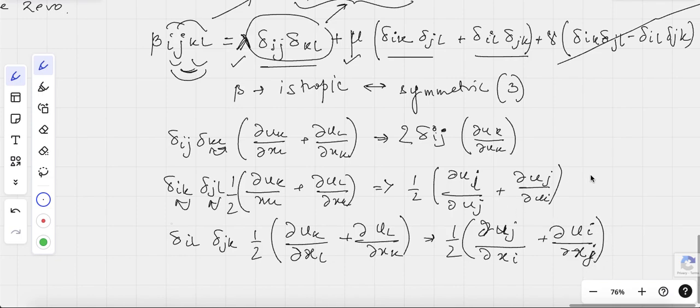As you can see, these two terms are the same, right? I'm so sorry, we will not have a 2 over here.